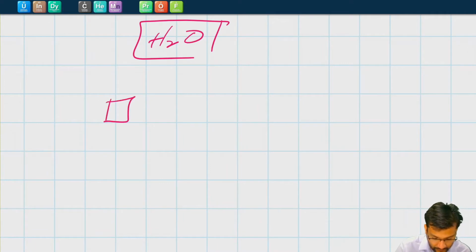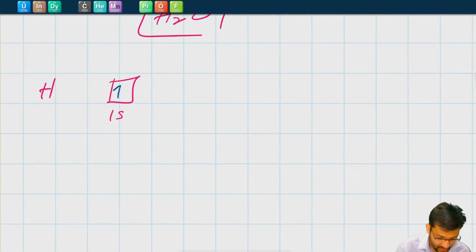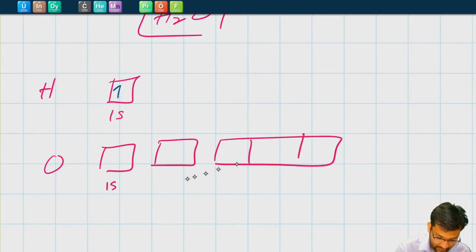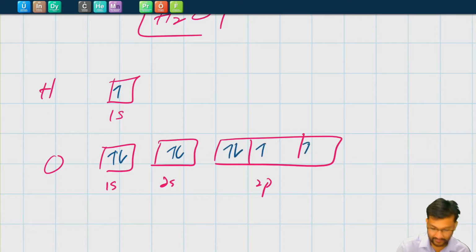The electron configuration of hydrogen is just one electron in the 1s orbital. The electron configuration of oxygen, I'm just drawing all of the orbital boxes: 2 in the 1s, 2 in the 2s, and then 1, 2, 3, 4, 5, 6, 7, 8 electrons total.